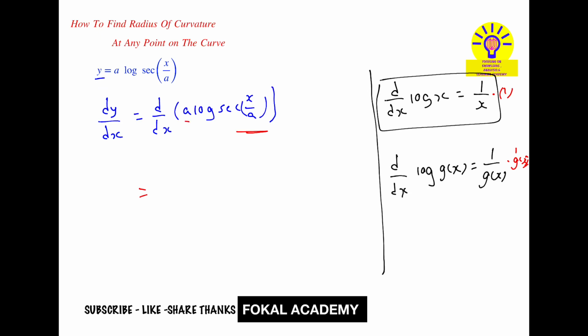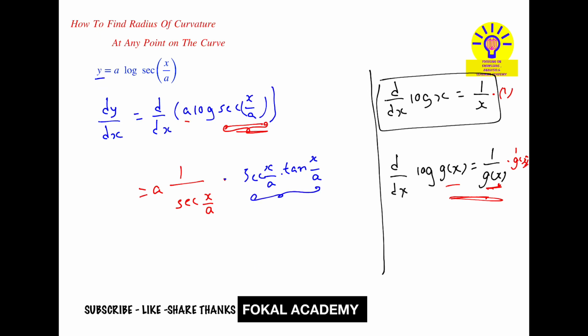Here a is a constant, bring it outside. Let's consider this whole thing as a function g of x. So it is nothing but 1 by secant of x by a, that is, log of g of x is nothing but 1 by g of x. Again g of x is a function in terms of x. Now derivate this secant of x by a function. The derivative of secant of x by a is secant of x by a into tan of x by a.